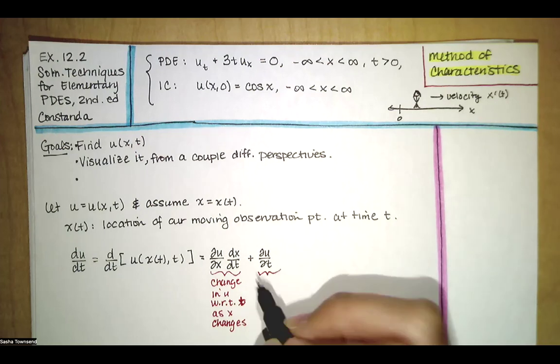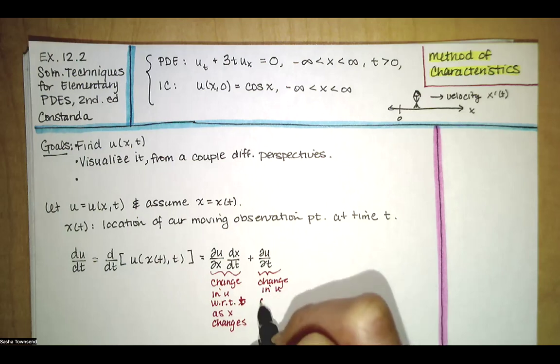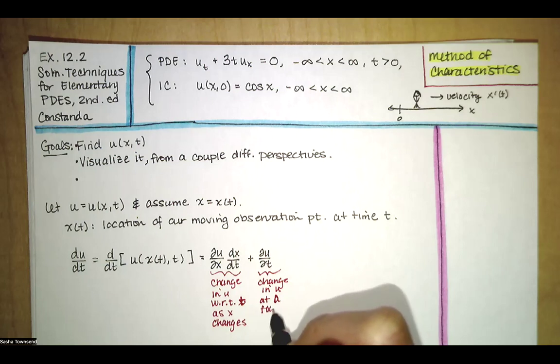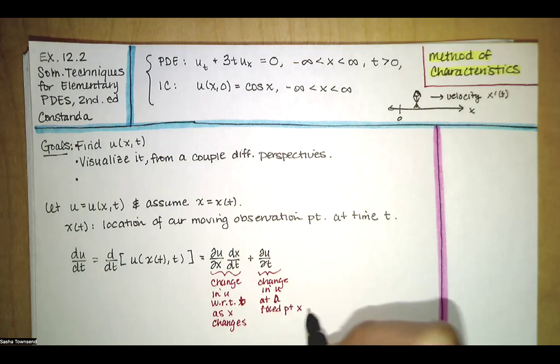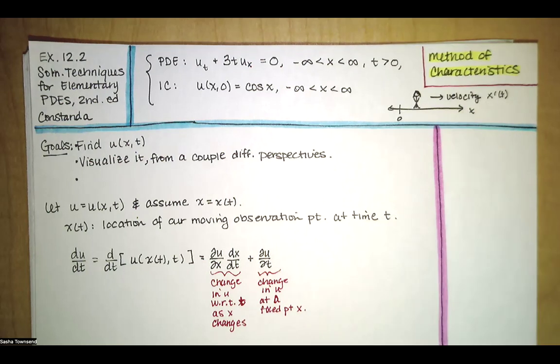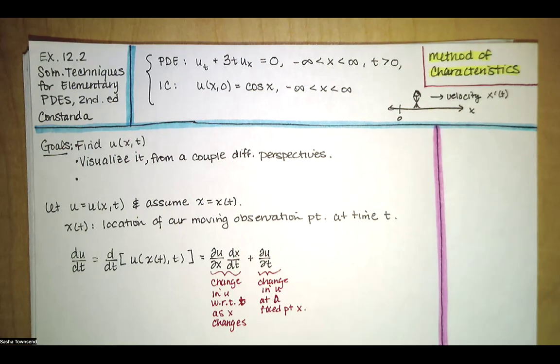And then this term is the change in u at a fixed point x. So maybe there's someone that's not moving back and forth on the x-axis, they're just standing there. This is the change in u that that person would see. This other term is the change in u that comes from the fact that you're moving back and forth on the x-axis.